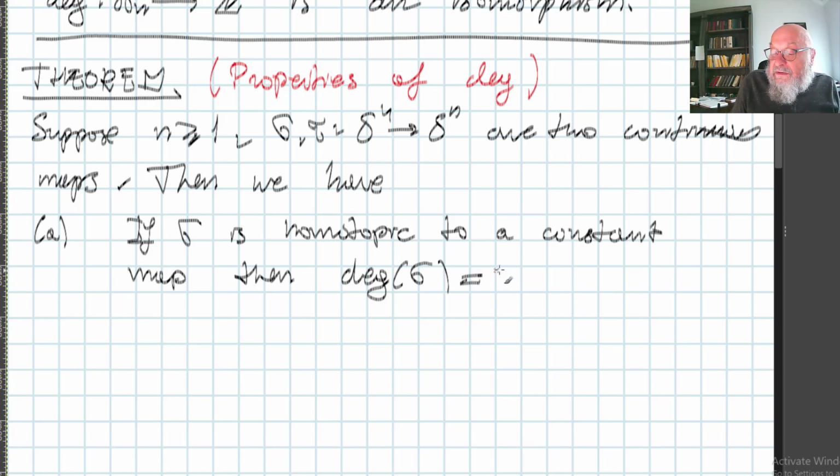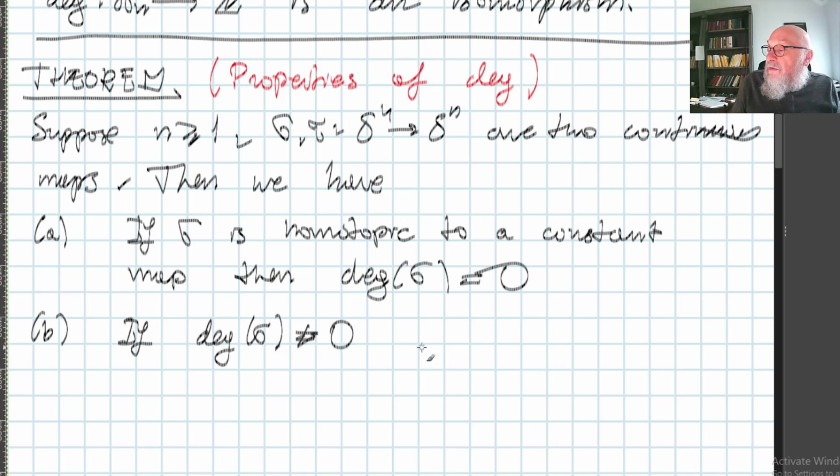And B, if degree of sigma is different than 0, then it is surjective, then sigma is surjective.